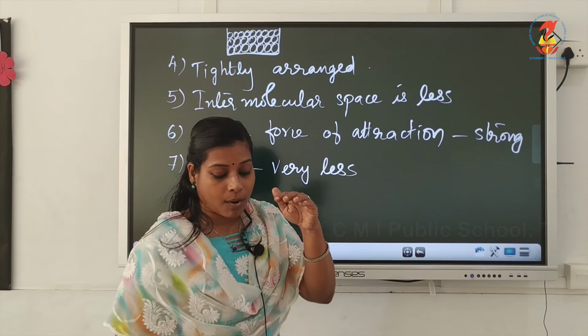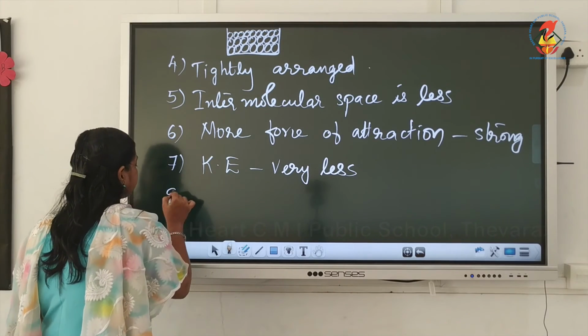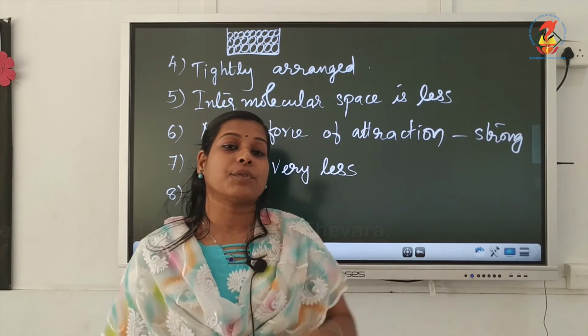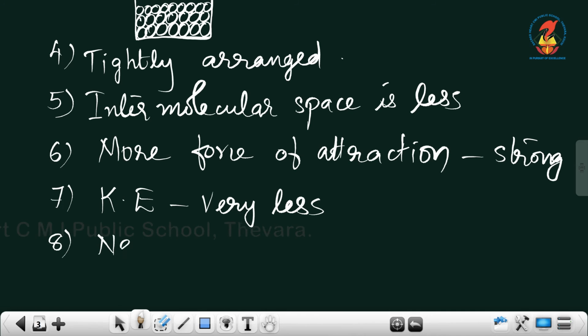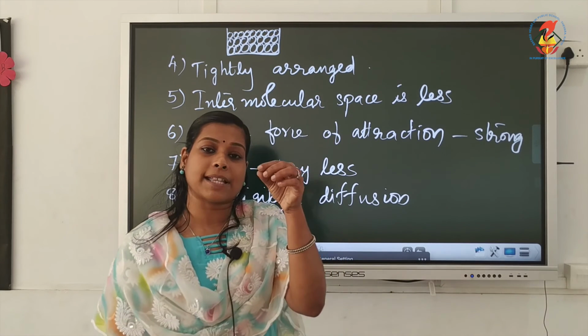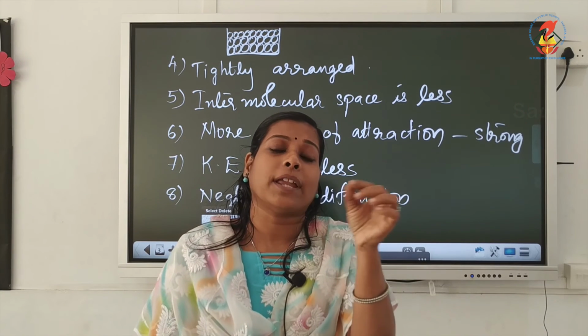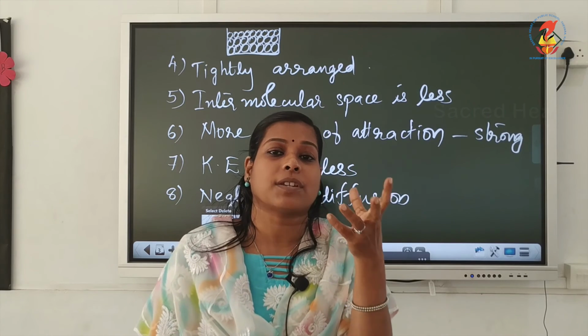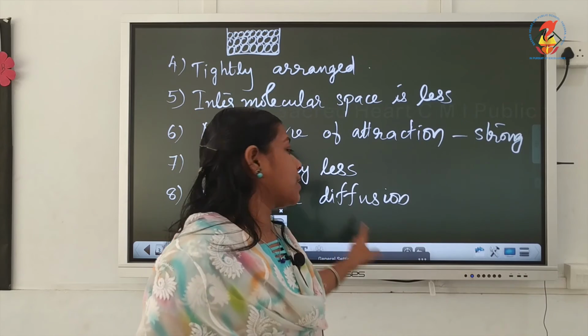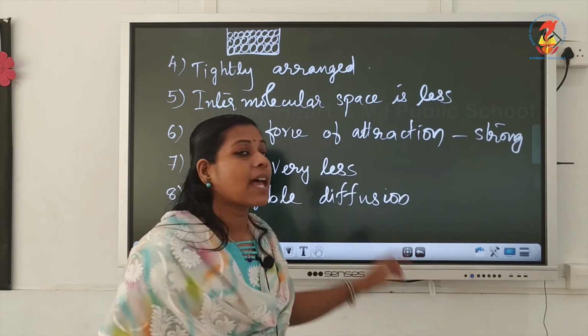Then what about the diffusion? In the case of solids, diffusion is negligible. Though particles can diffuse as space is there, the space is very less. So compared to the different states we can say diffusion is negligible in the case of this solid state.